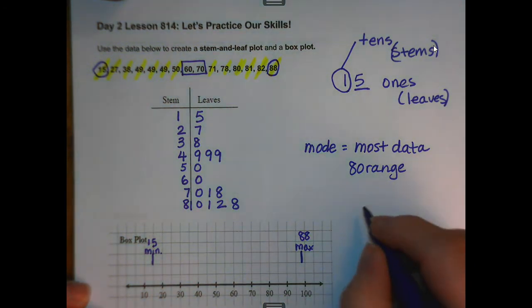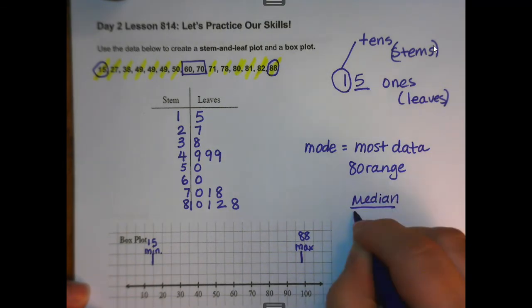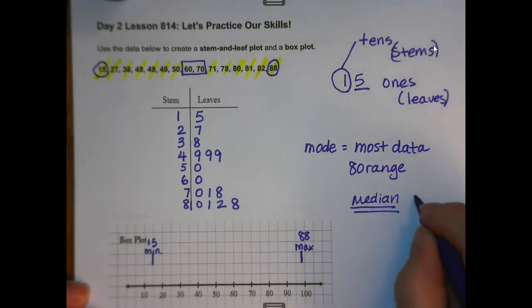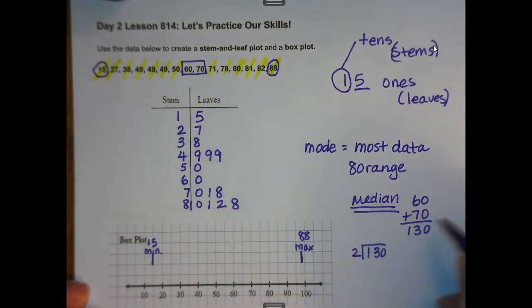I have to go over here, and to find my median, I am going to add 60 plus 70 to get 130. And then I'm going to do 130 divided by 2. The reason I divide it by 2 is because I have two pieces of data here.